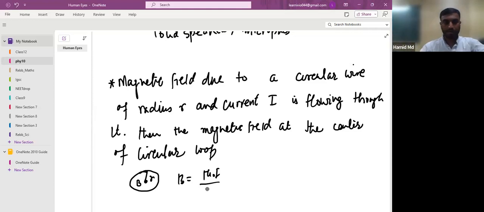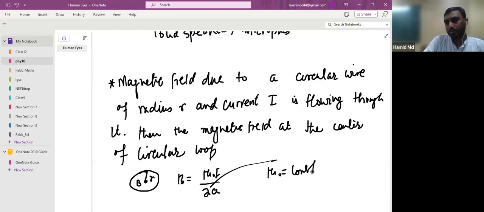Mu naught I over 2a. What is a? Here mu naught is a constant, and a is the radius. In the book it is written as the radius of the circular loop.